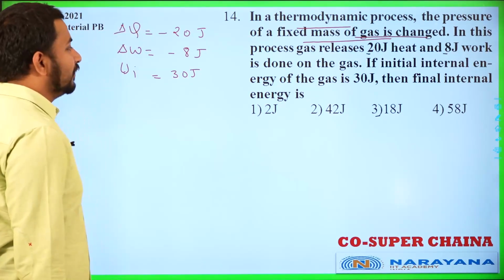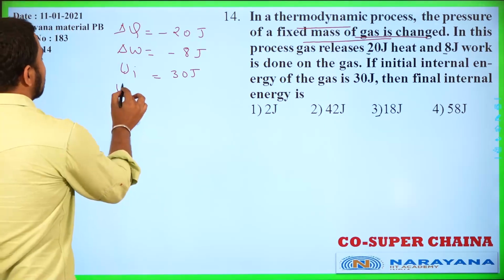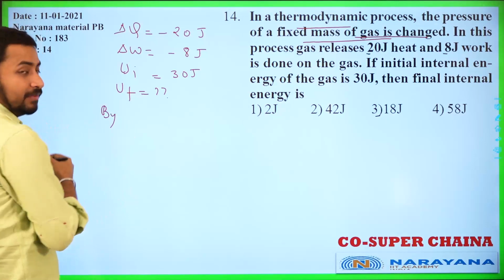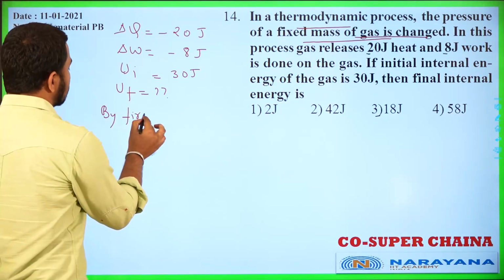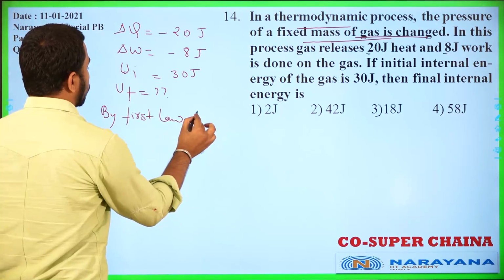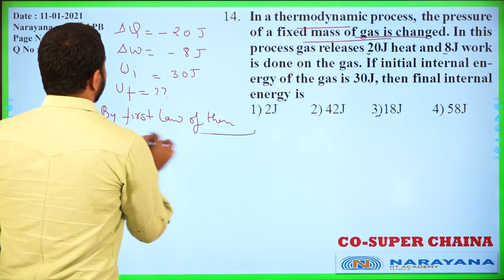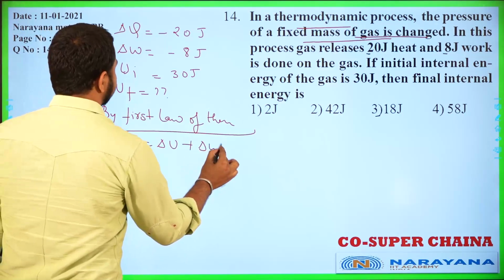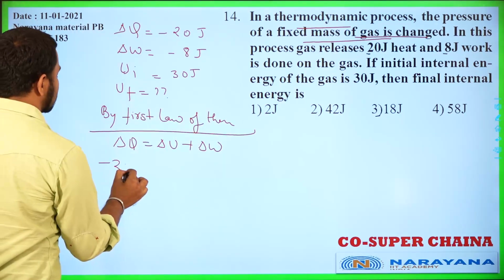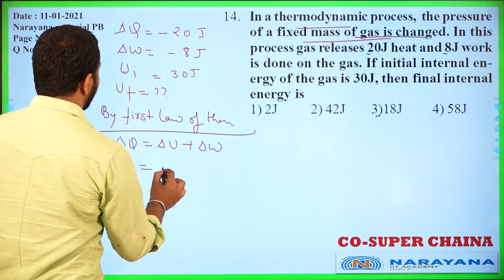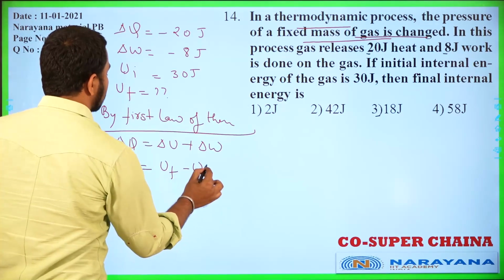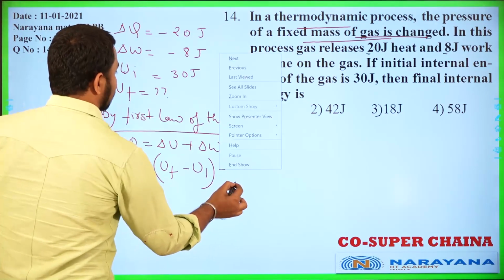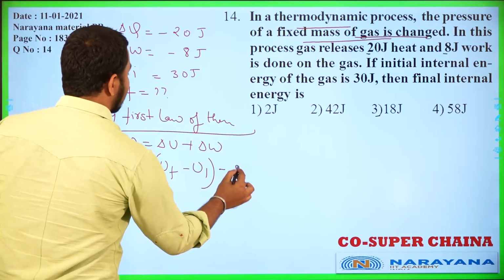Now we have to calculate U final here. So we apply the first law of thermodynamics. Delta Q will be equal to delta U plus delta W. Carefully substitute the symbols. Minus 20 is equal to U final minus U initial, and minus 8.